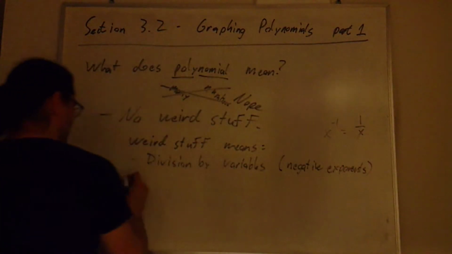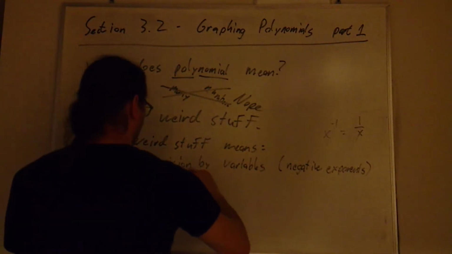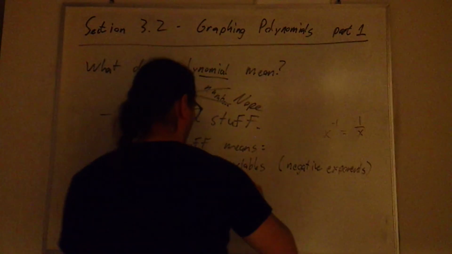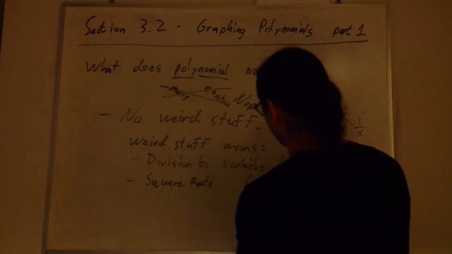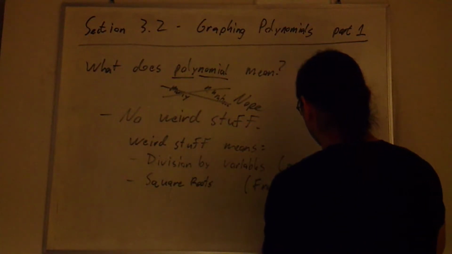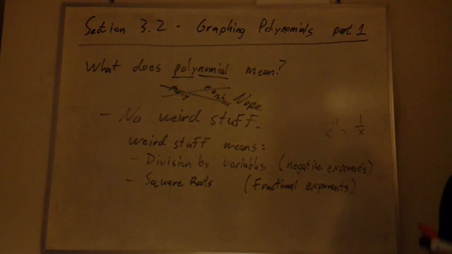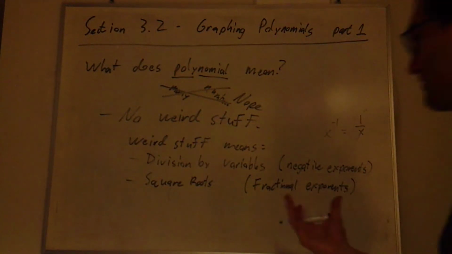Other weird stuff includes square roots, and by extension, fractional exponents. So, square roots kind of have the same problem that division by variables have.